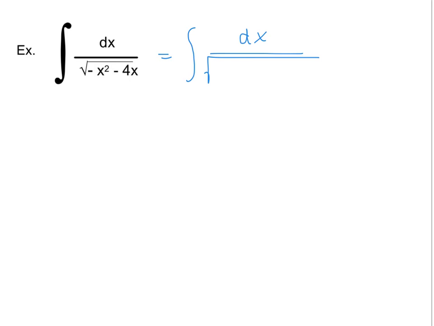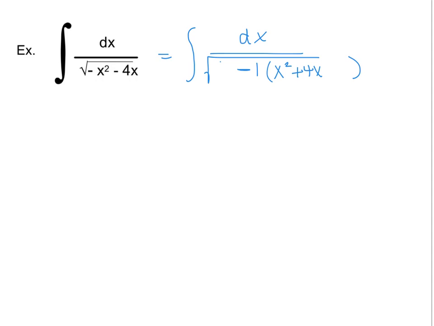Okay, so I am going to factor out a -1 from this, and that's going to give me x squared plus 4x. Okay, so I'm going to leave that just like that. So I factored out a -1.